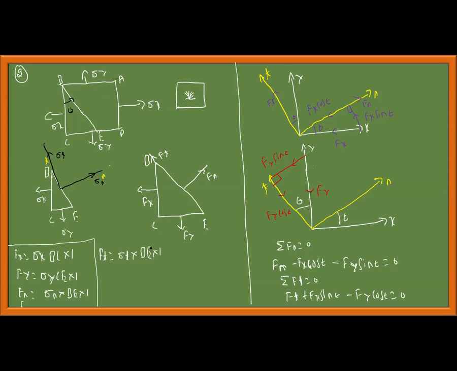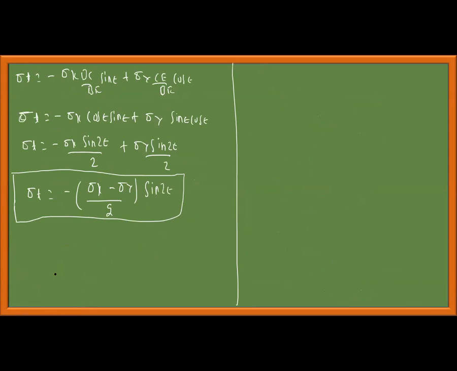Now, keeping that in mind, I have found sigma n and sigma t. I want to find the principal stresses. Let me give the procedure to find the principal stresses, different principal planes and stresses.